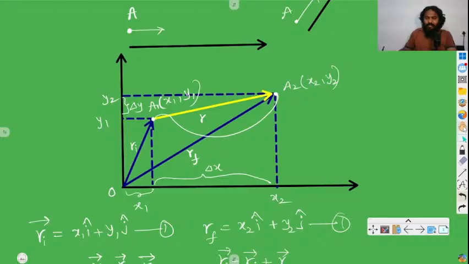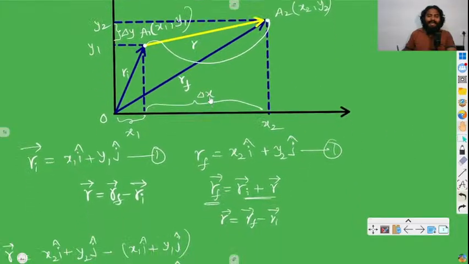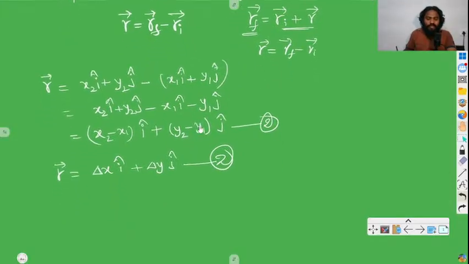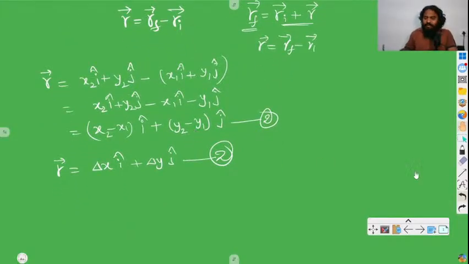Clear? Hope you understand how to calculate the displacement of a particle which is moving two-dimensionally. Now let's calculate the velocity of the particle.